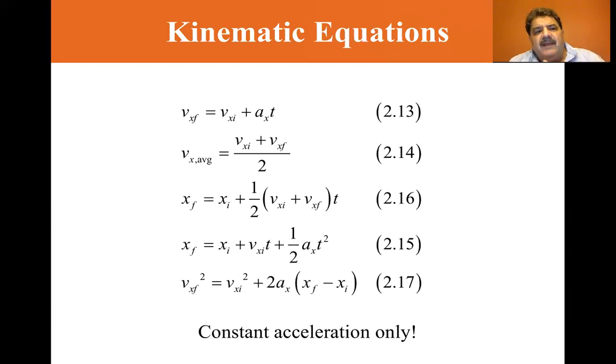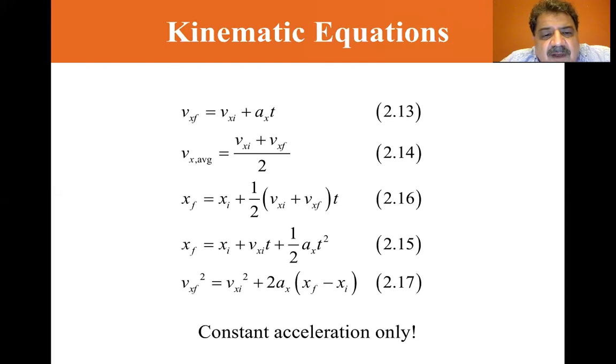So we have Vx final equals Vx initial plus acceleration times time. The Vx average is just the V initial plus V final over 2. X final equals X initial plus 1/2 (Vx initial plus Vx final) t. That's the Vx initial plus Vx final divided by 2, that's just the average velocity.